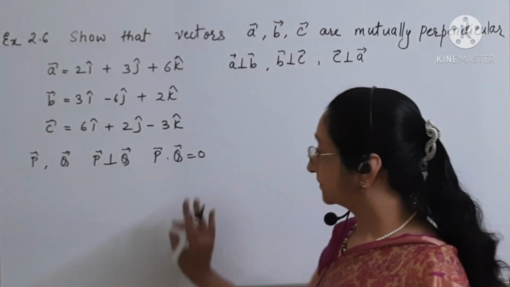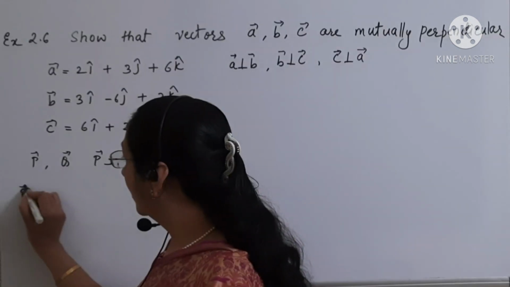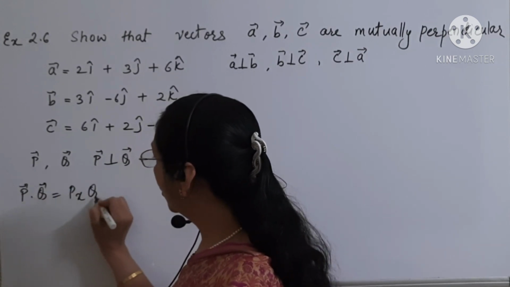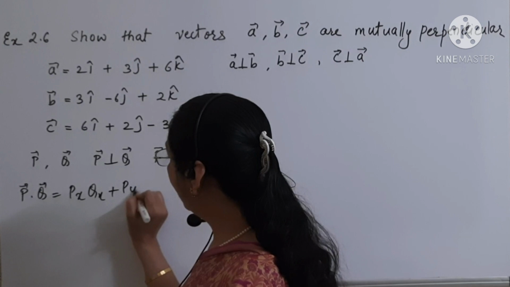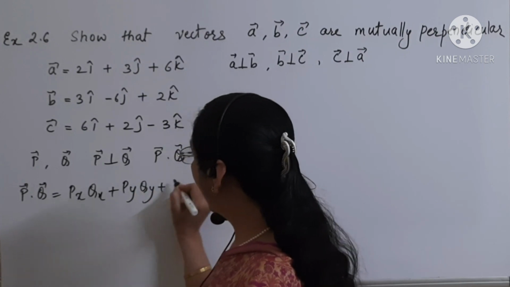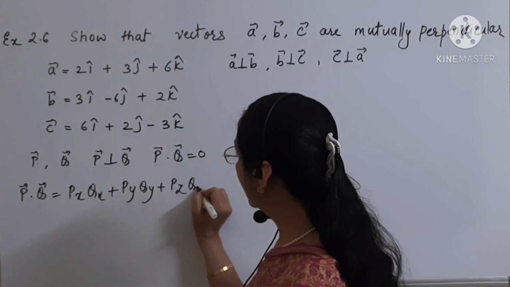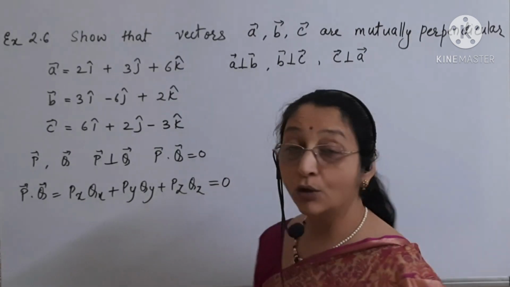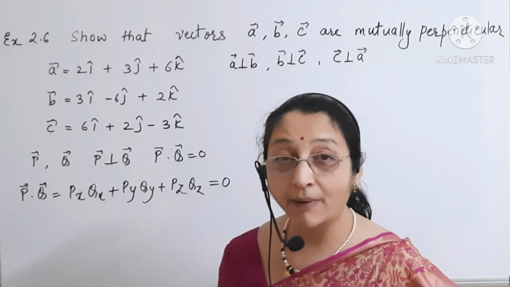But we know P dot Q is equal to Px Qx plus Py Qy plus Pz Qz. So this dot product should be equal to 0 if the two vectors are perpendicular.